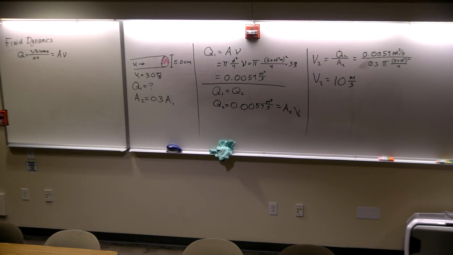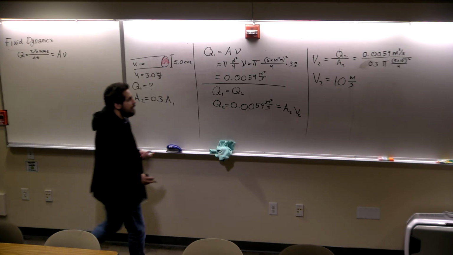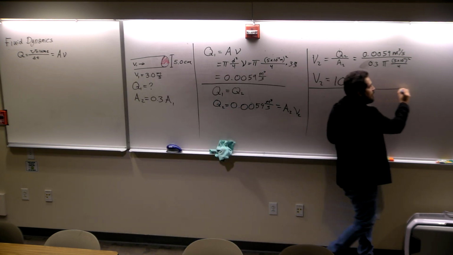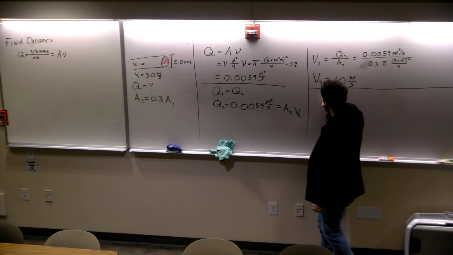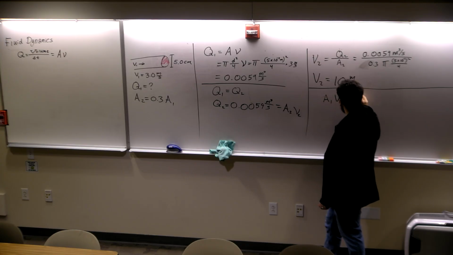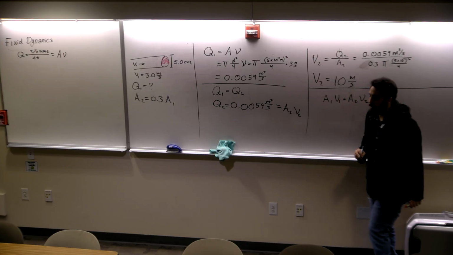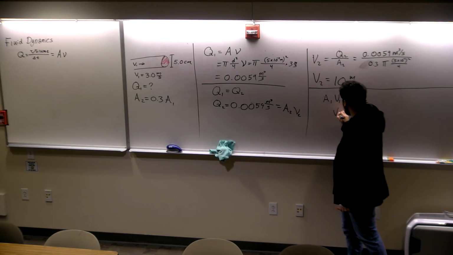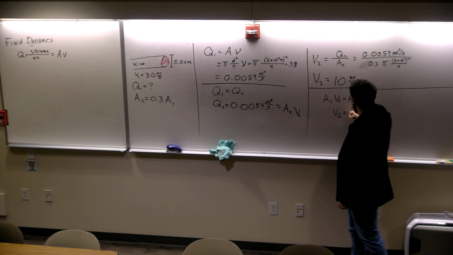Now we went through this process of calculating flow rate, and from finding our flow rate, figuring out what the velocity in 2 is. There was a quicker way if we start off with the equation of continuity. Our equation of continuity says area 1, velocity 1 is equal to area 2, velocity 2. We want to know what velocity 2 is. We say velocity 2 is area 1 over area 2 times velocity 1.